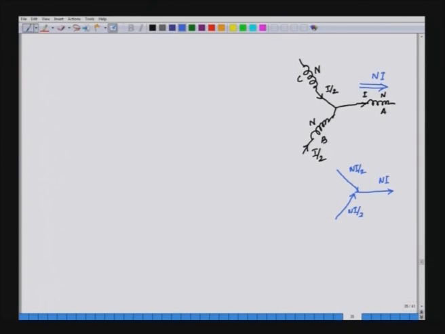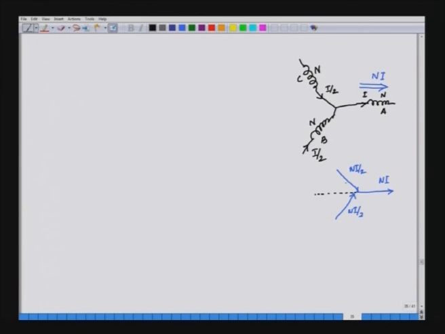So, we have excited 3 windings right now, and one winding is carrying I current, and the other windings are carrying I by 2 and I by 2, and hence the total MMF in this case can be calculated here.